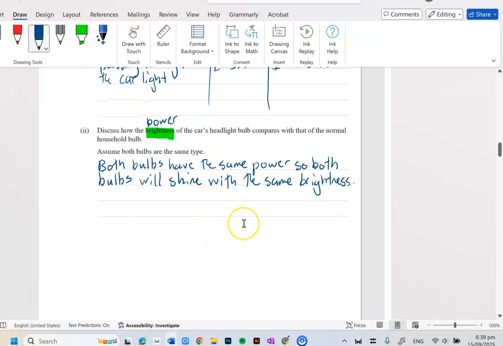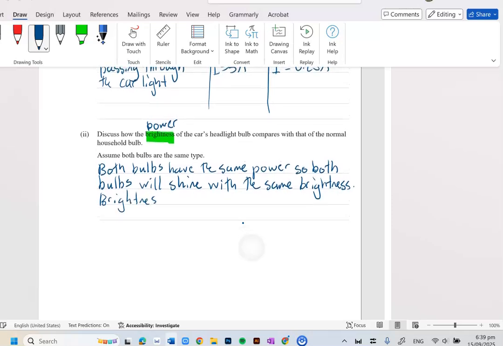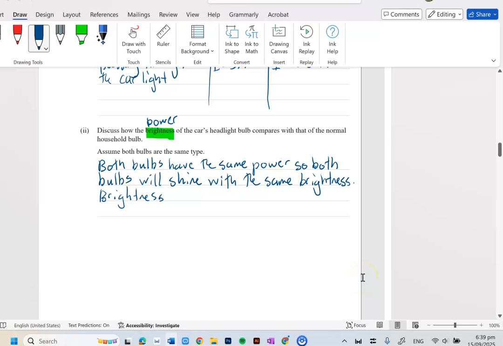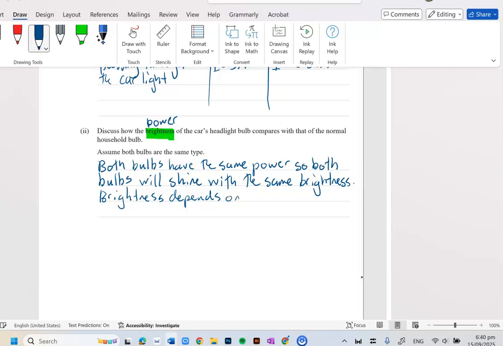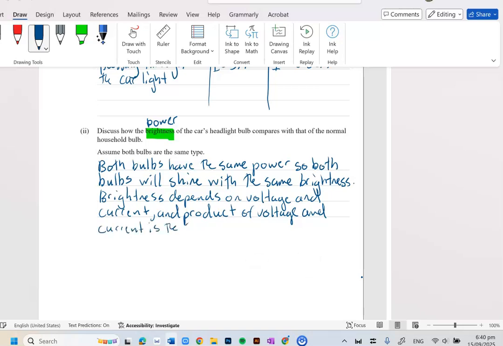So if we also do brightness depends on voltage and current and product, which is like the product means multiplied of voltage and current is the same.